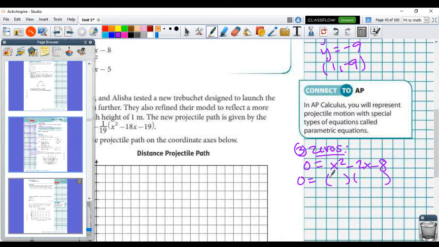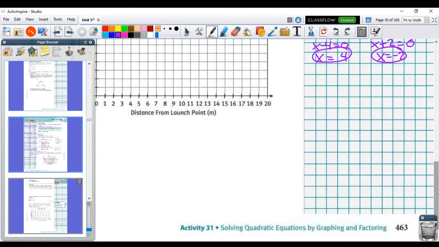This factors into x minus 4 times x plus 2. Now something times something equals 0, so one of these things has to be 0. We set each one equal to 0 and solve. So here, x is equal to 4, and here, x is equal to negative 2. So we have our x-intercepts, and we have our vertex, so we can actually graph this now.